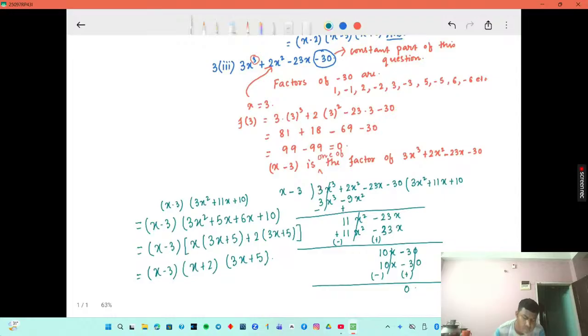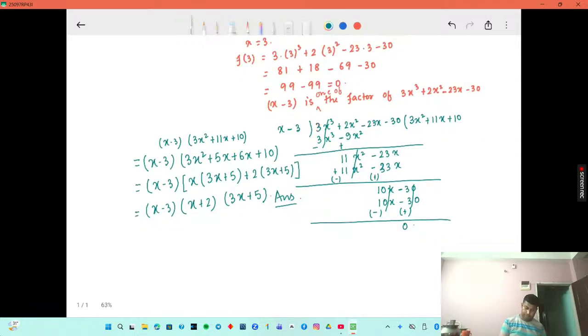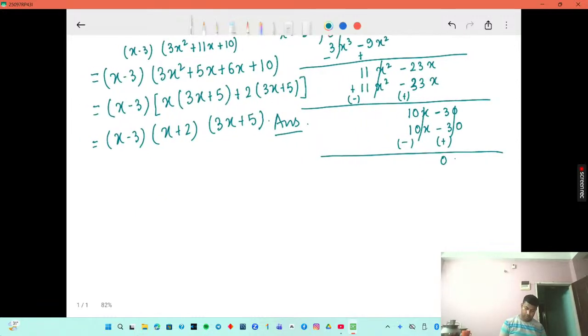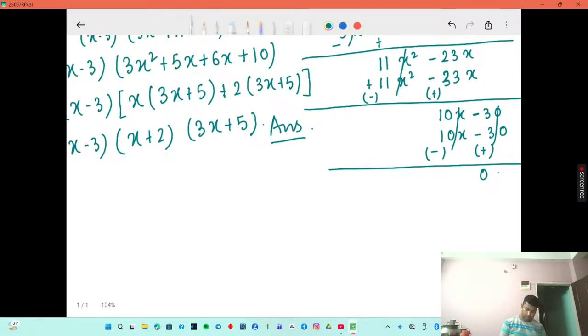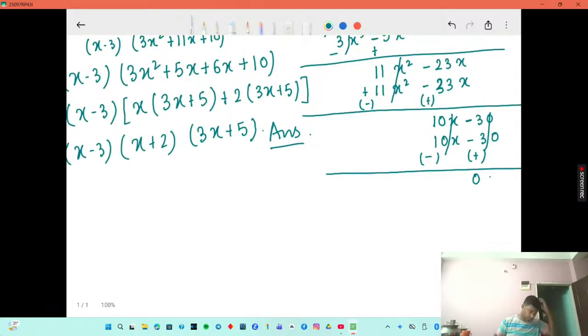Okay, so now I will move to the next question, and the next question is given as: by using the remainder theorem, we have to factorize this expression.